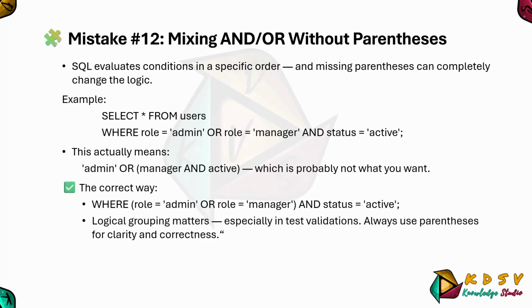The correct way is to put your role condition in parentheses: role = 'admin' OR role = 'manager', then perform the AND condition where status = 'active'. In this case, either the role is admin or manager, plus the status should be active, then those records will appear in your SELECT statement. Logical grouping matters here, specifically in test validation. Always use parentheses for clarity and correctness.